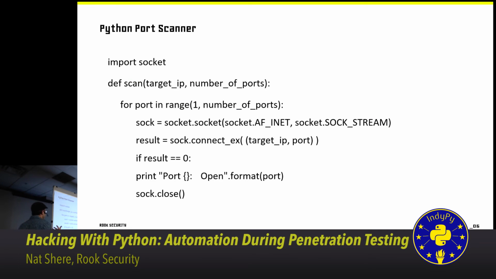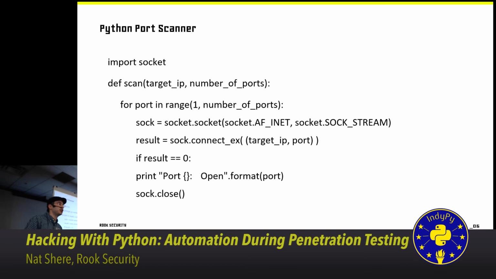So, a quick example of why Python is so amazing for pen testing. Here, in 8 to 9 lines of code or so, is a Python port scanner. It's a fairly technical conference, so people should be fairly familiar with how ports work, but just in case, very quickly: any service that you're going to be running on a server has to be running on a specific port.